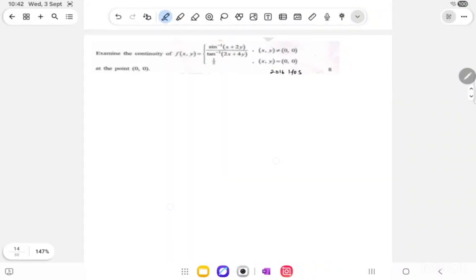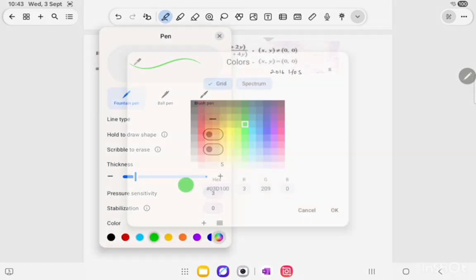So today let's discuss the remaining questions of limit, continuity and differentiability. Question 1 for today: we are supposed to check the continuity of this function f(x, y) at the point (0, 0).